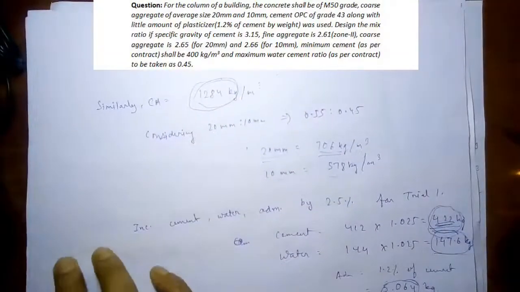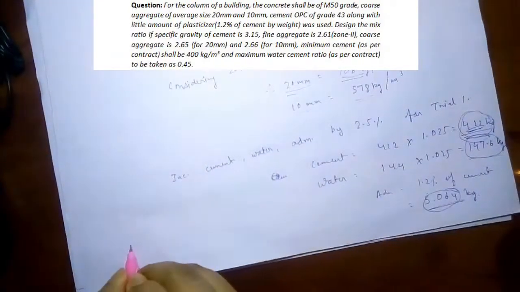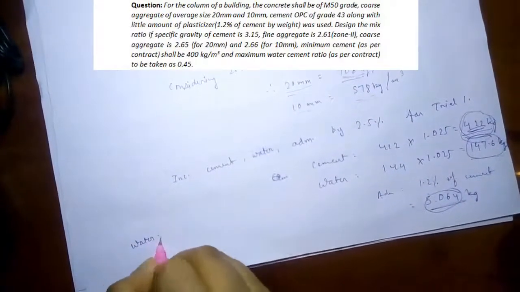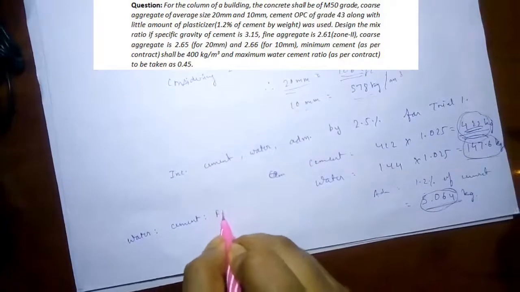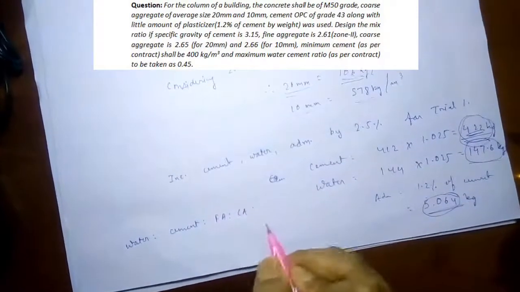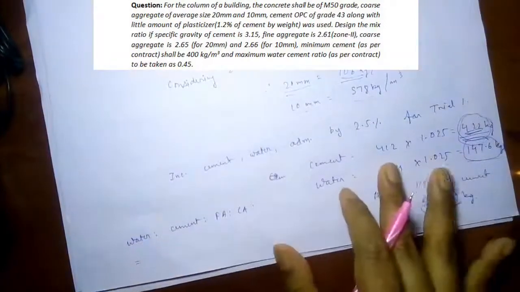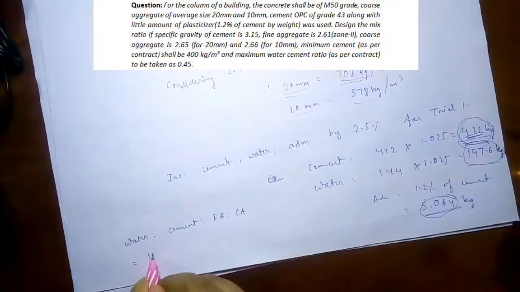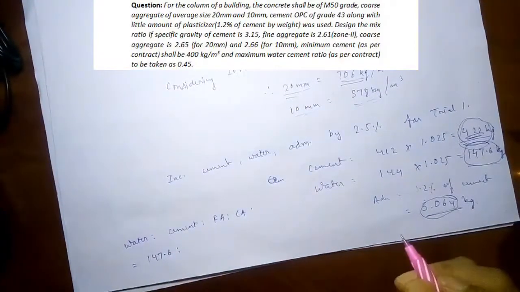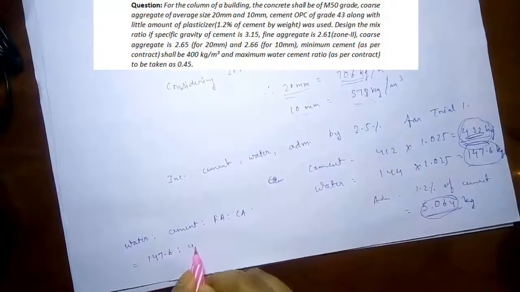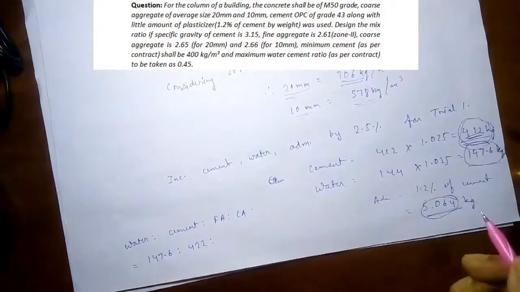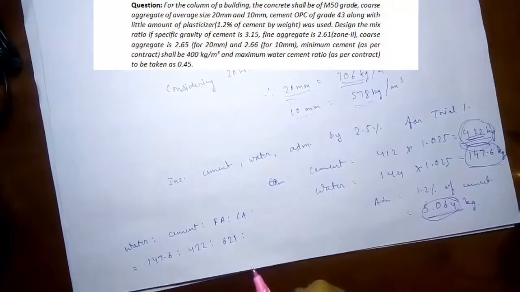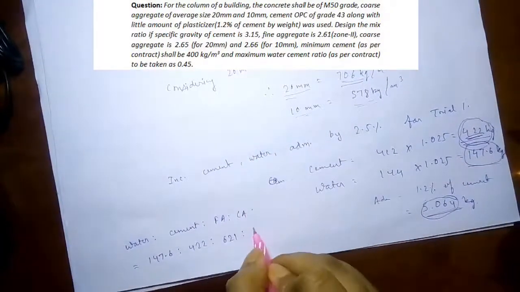So let's make a proportion of this. Water is to cement is to FA is to CA is equal to 147.6 is to 422 kgs is to fine aggregate 621 kgs and the coarse aggregate 1284 kgs.